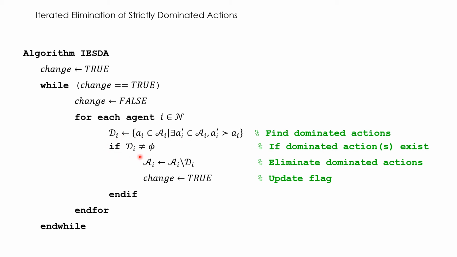If D sub i is not empty, then agent i has some remaining strictly dominated actions. These actions are removed from agent i's action space, and then the change flag is set to true. The process continues until termination.